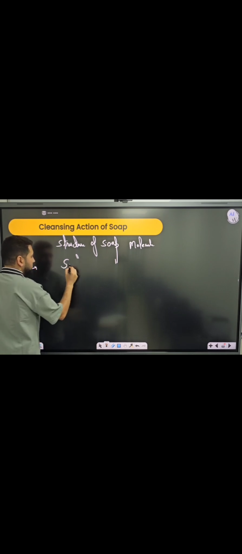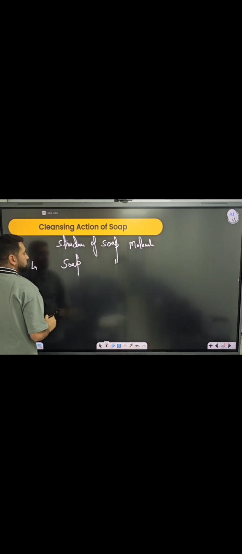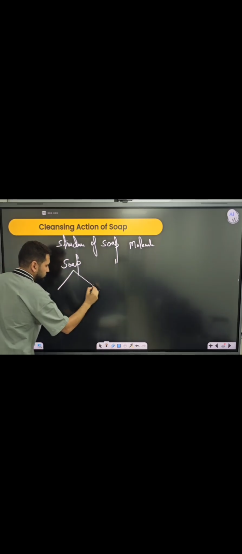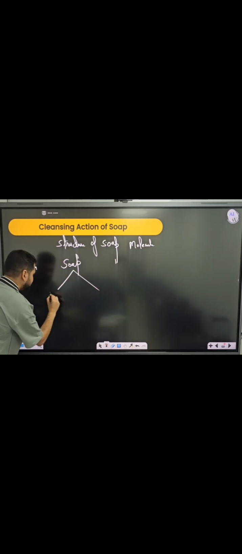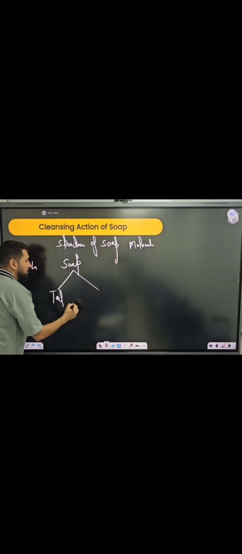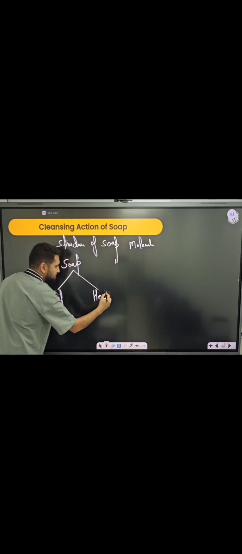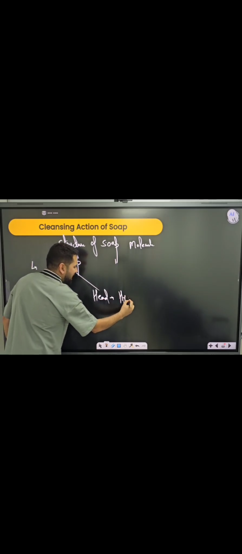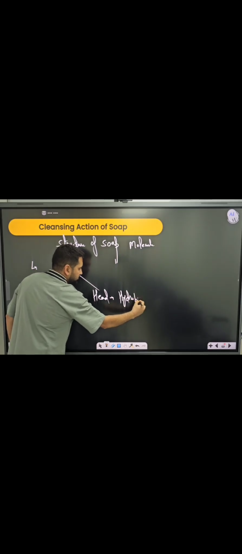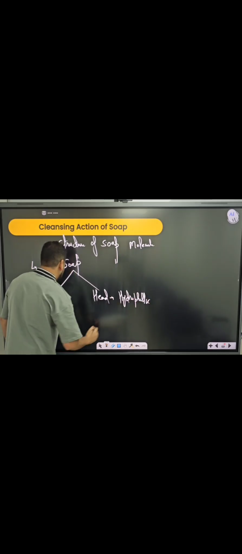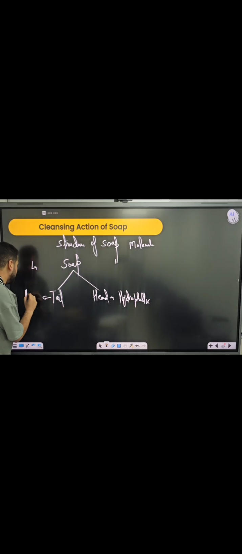One is the tail, the second one is the head. Let me tell you guys, the head is hydrophilic in nature, and the tail is hydrophobic in nature.